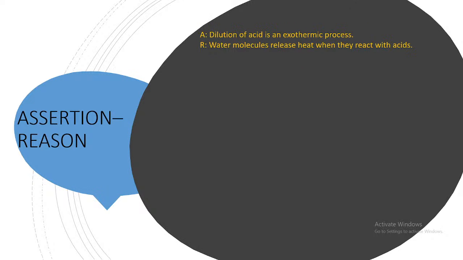Okay, next assertion. Dilution of acid is an exothermic process. Reason is water molecules release heat when they react with acids. This one we have already discussed in MCQ, so I think you can say the correct answer. What will be the correct answer for this?